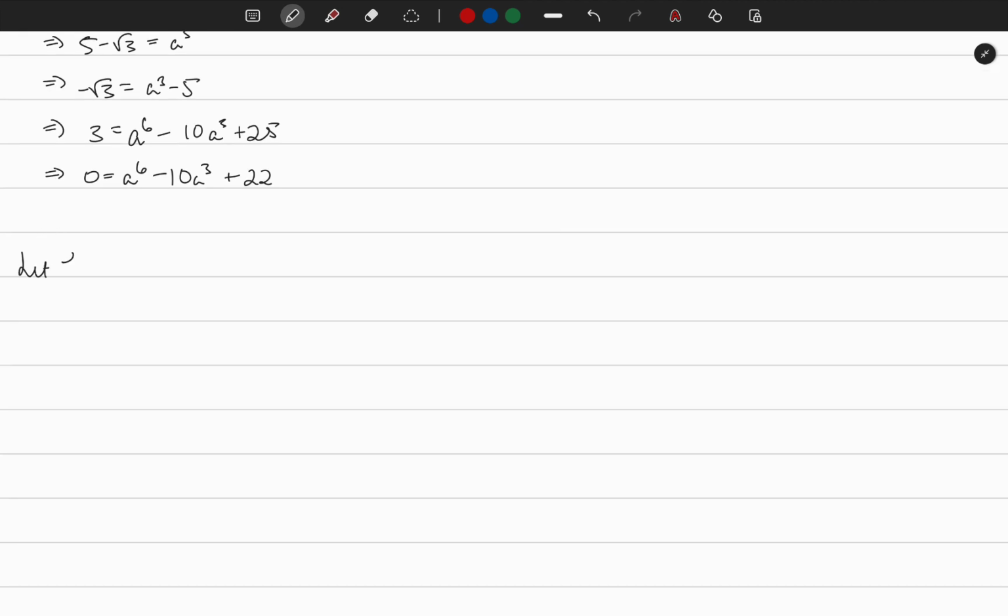So if we let f of x be x to the 6th power minus 10x to the 3rd power plus 22, we can use the rational roots theorem.